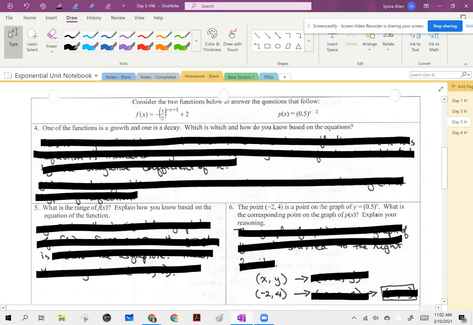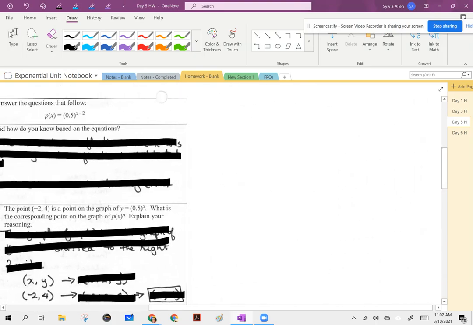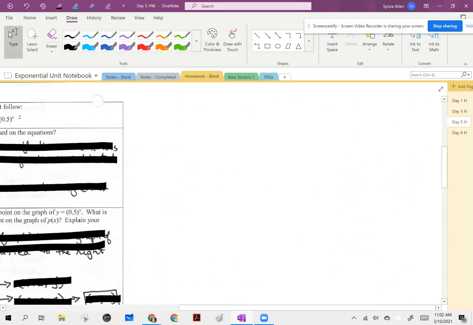All right. So what I would like to do is talk to you real quick before we go and answer that. If you have y equals a times b to the power of x, and b is a number greater than 1, then you know that you have a growth.